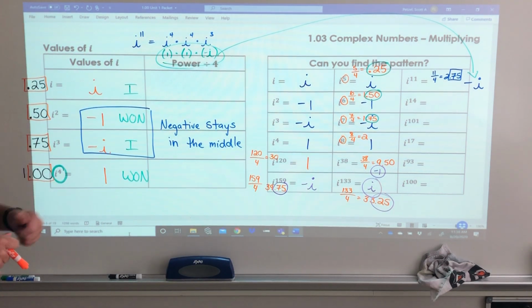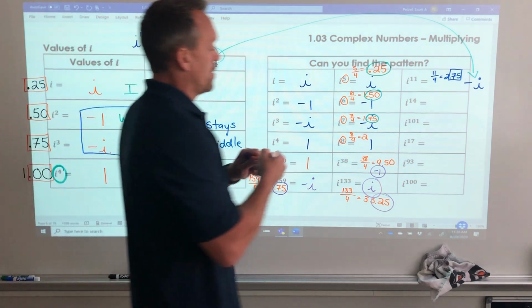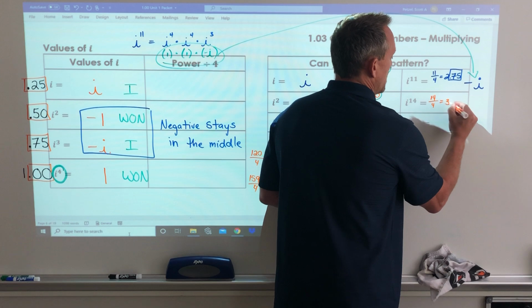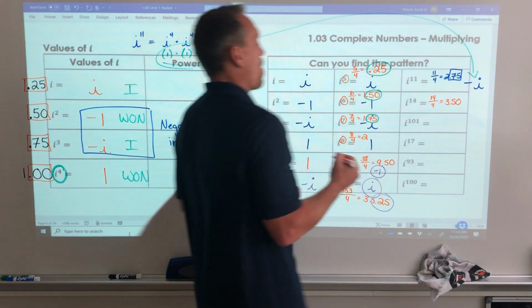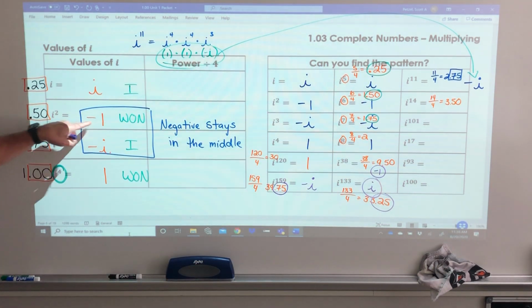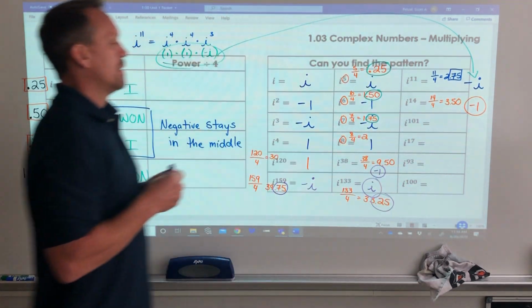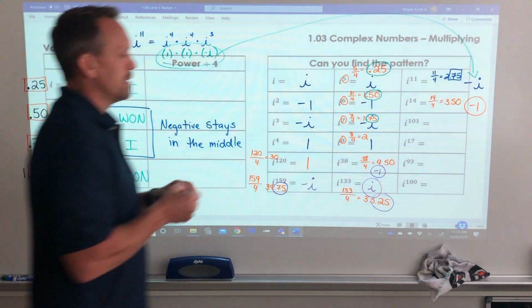That's how these are going to work. So let's do i to the 14. 14 divided by 4 is 3.50. Negative 1.